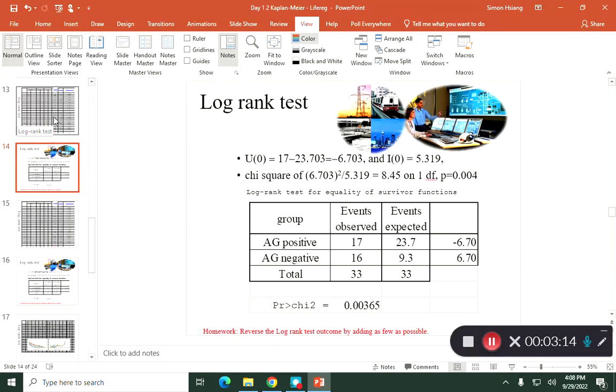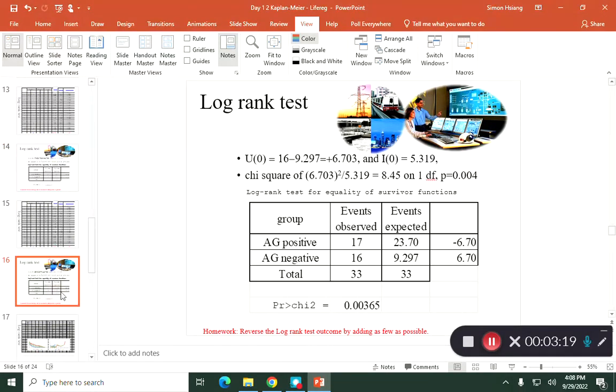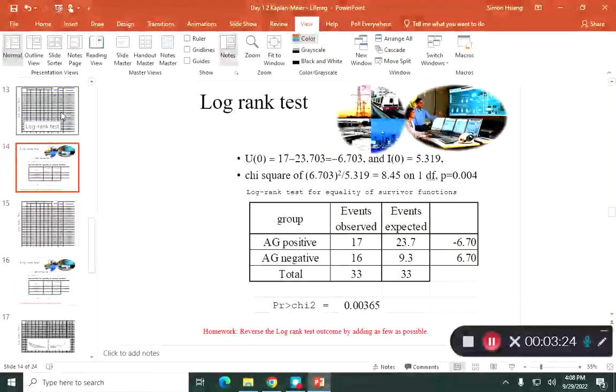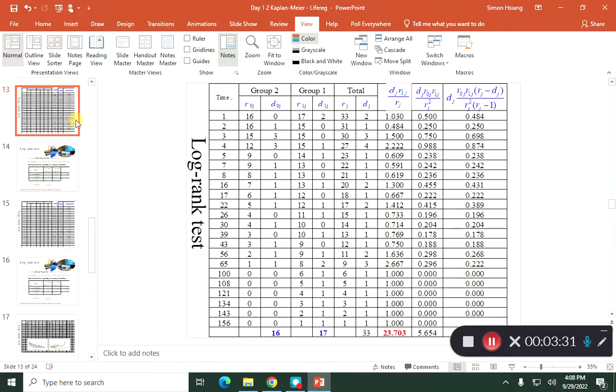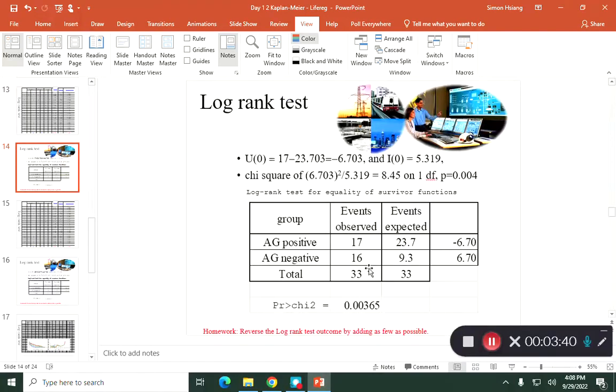Hold on, that's 23. Okay, this is the other one. So what we did here is we have a sum of square, and the sum of square uses the total differences. When I calculate the differences, stop me anytime, because sometimes I jump too quickly.